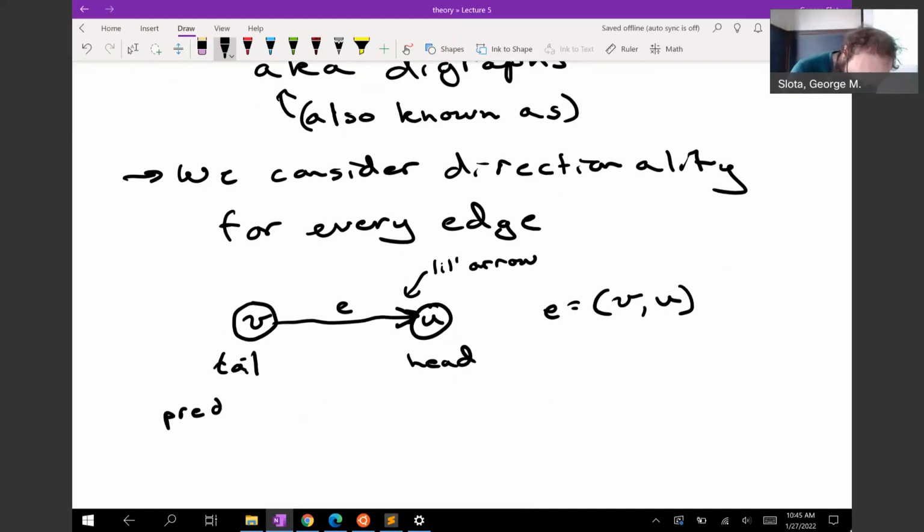Predecessor, successor. You might recognize that terminology from graph mining. Predecessor, ins and the outs, if you will.